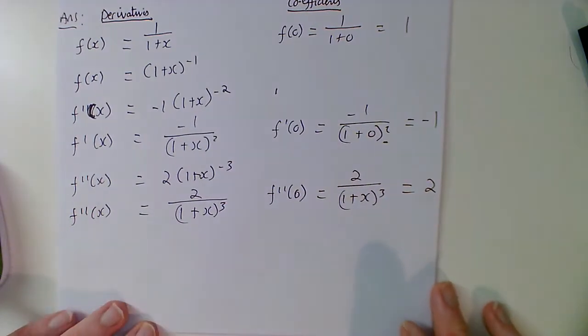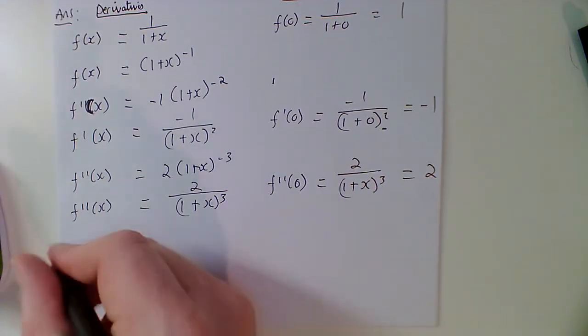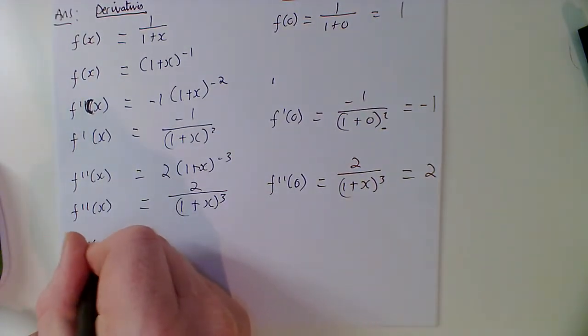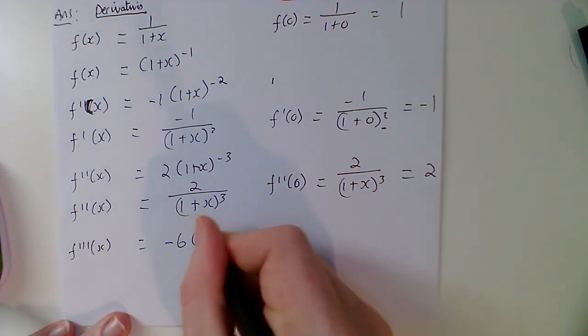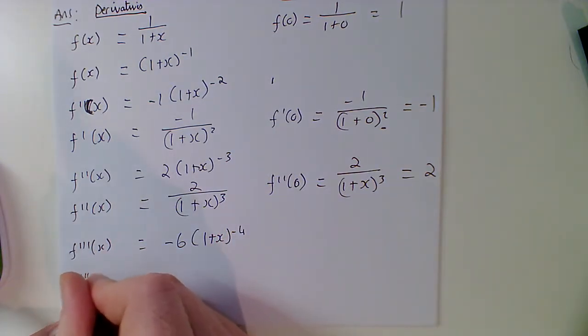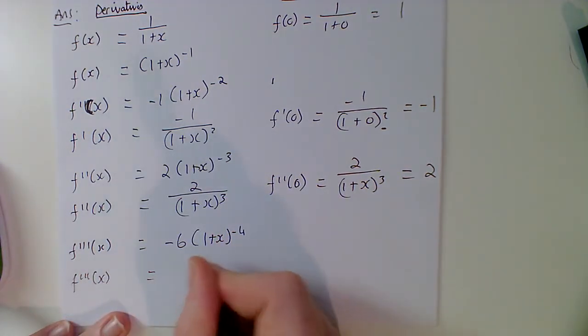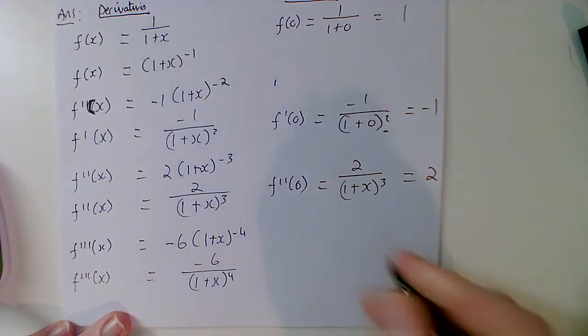So I've got 3 coefficients so far. I wanted 5 terms, so I need 5 coefficients. So I need to differentiate again. And again, I'll just use this one here. So that's negative 6, 1 plus x to the power of negative 4, which is negative 6 over 1 plus x to the power of 4.